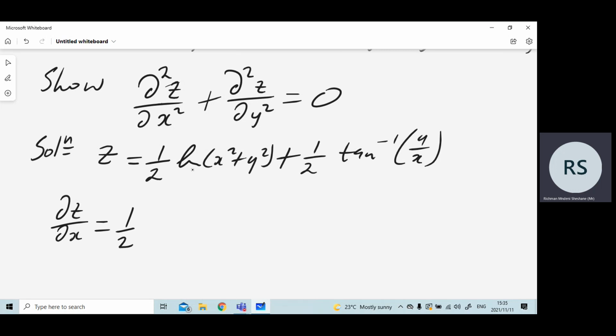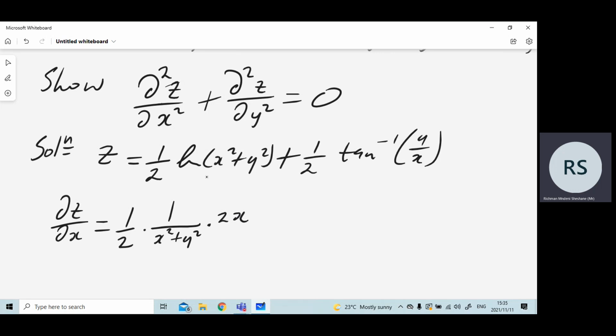I'm deriving ln of a function. The derivative of ln of a function is 1 over that function times the derivative of the inner function, with respect to x. So we multiply by 2x, because we're deriving x and y we treat as a constant, so the derivative of the second term will be 0. That's why we have 2x here.